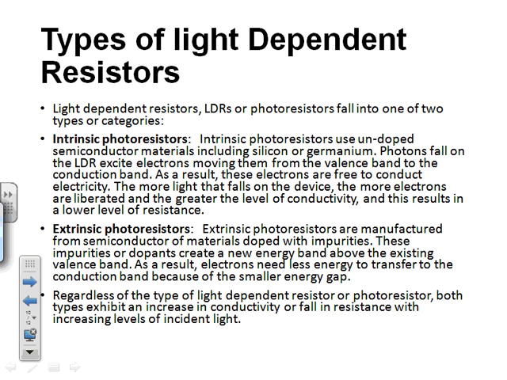There are two types of LDR materials. The first one is called intrinsic photoresistors and the second one is called extrinsic photoresistors. Intrinsic photoresistors are made of undoped or pure semiconductor material including silicon or germanium. When photons fall on the LDR, they excite electrons, moving them from the valence band to the conduction band. As a result, these electrons are free to conduct electricity.